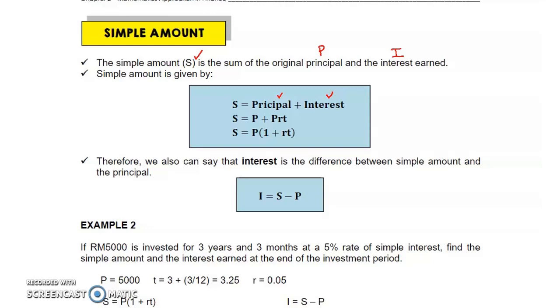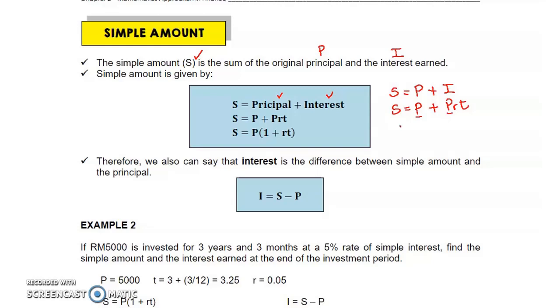So how do we get this formula? If you look here, S equal to the original principal, the amount that we borrow or invest, plus the interest. Okay. We know that interest just now equals PRT.